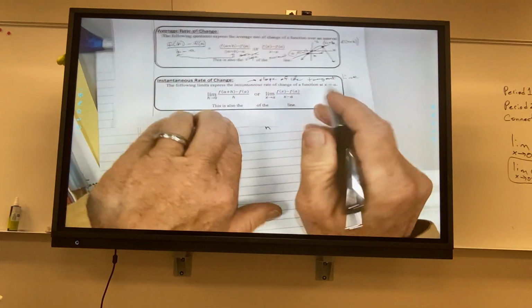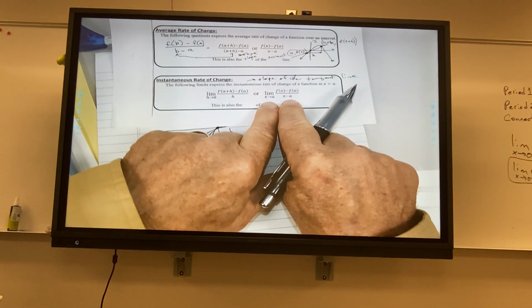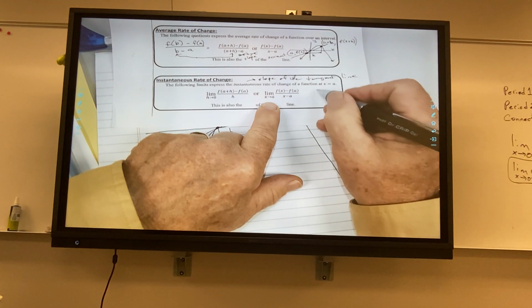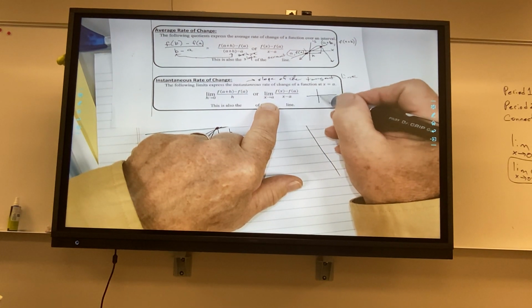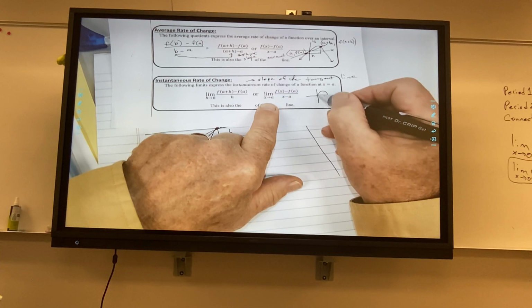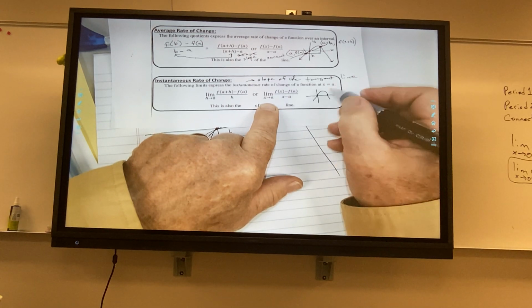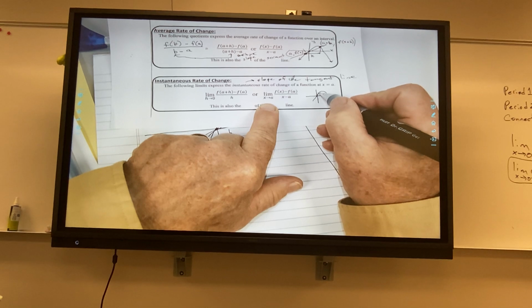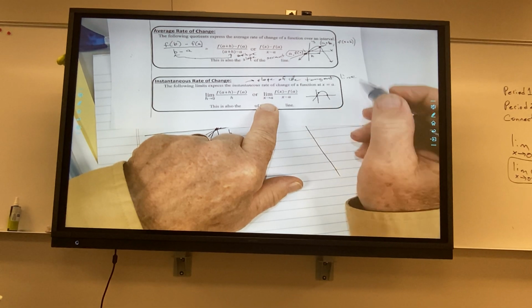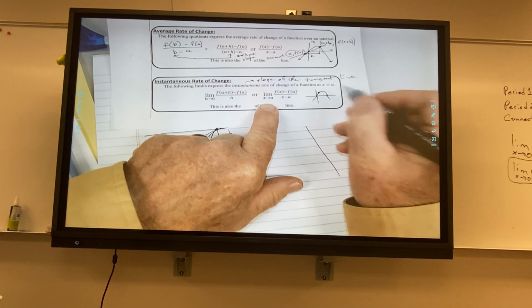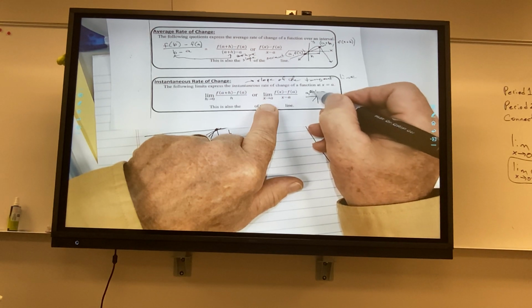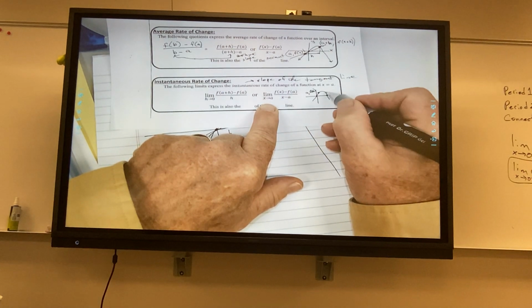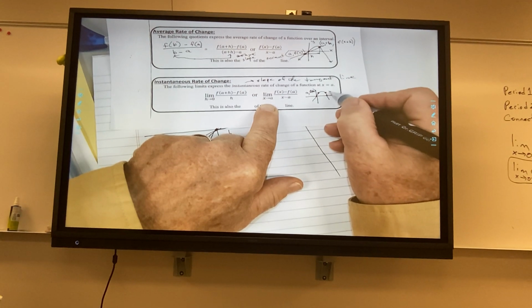Okay? This one is the same type of thing. So what's happening here: I have a point right here that is (a, f of a). And over here I have a point that's (x, f of x).